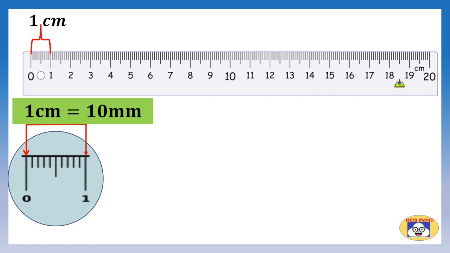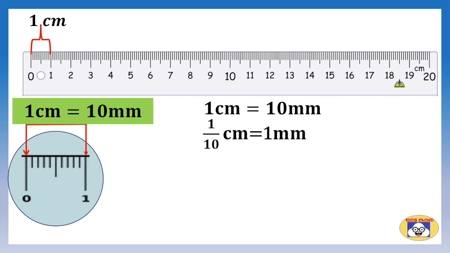It is easy to convert millimeter into centimeter and centimeter into millimeter. Let's learn how to do it. 1 centimeter is equal to 10 millimeter. 1/10 of a centimeter is equal to 1 millimeter. So, we have a relation of centimeter and millimeter as 0.1 centimeter equals 1 millimeter.